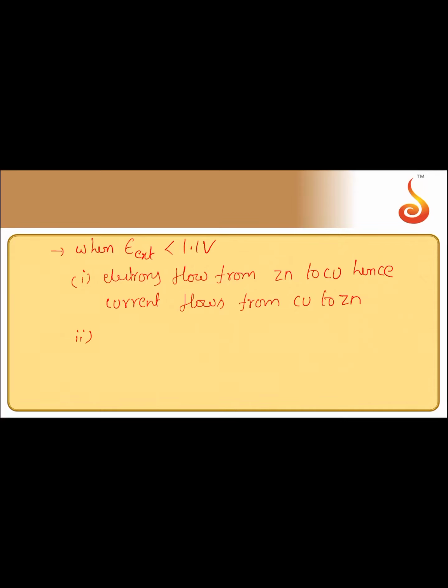And one more point is here, zinc dissolves at the anode because zinc is undergoing oxidation. That is, Zn gives rise to Zn plus 2 electrons. That means zinc dissolves at the anode and copper deposits at the cathode when external potential is less than 1.1 volt.